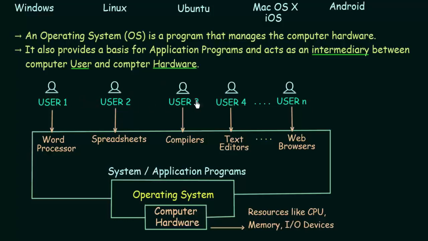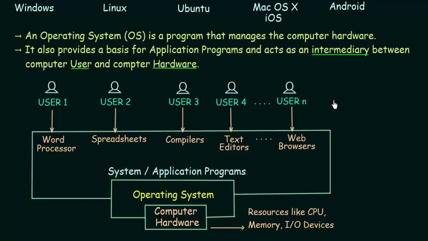So here we have the users, and here we have the hardware, and the operating system acts like an intermediary between the user and the hardware, thus making the process of computation and the usage of computers seamless and very easy for the users. So that is the main function of an operating system, and I hope that made you understand what an operating system actually does.